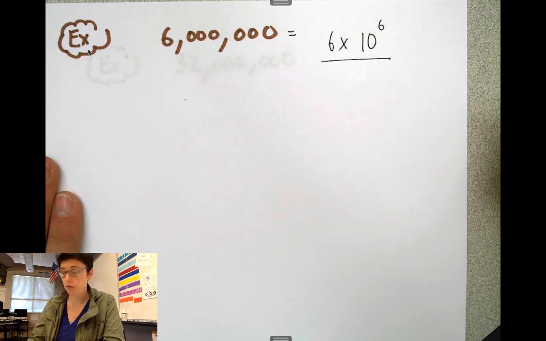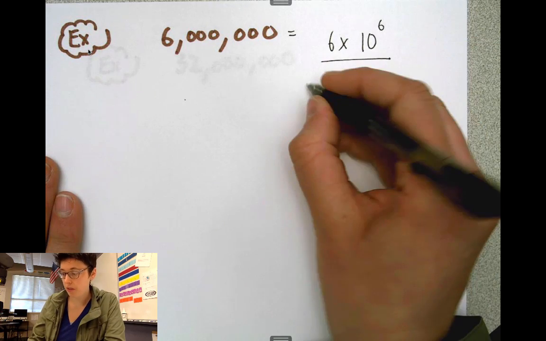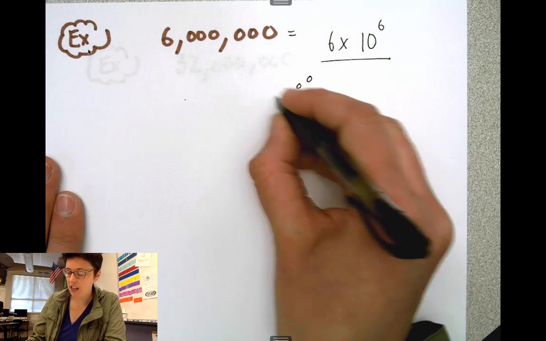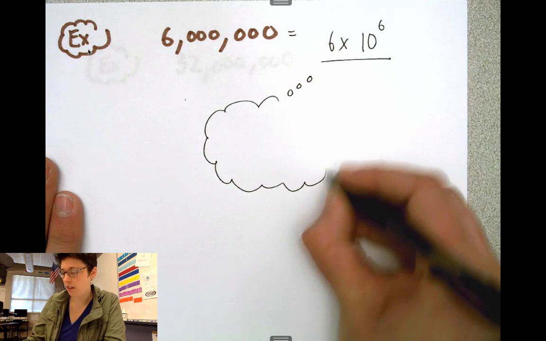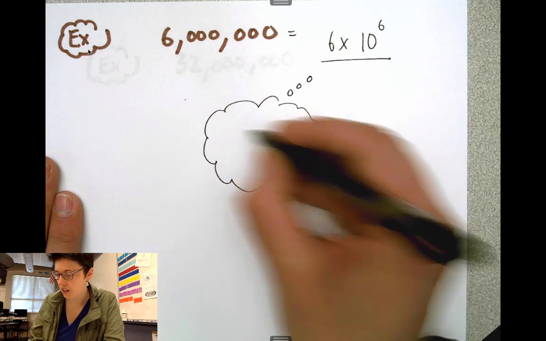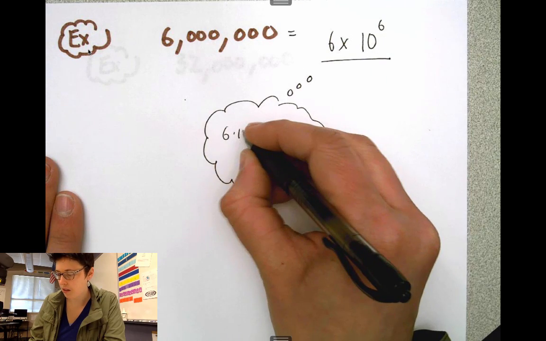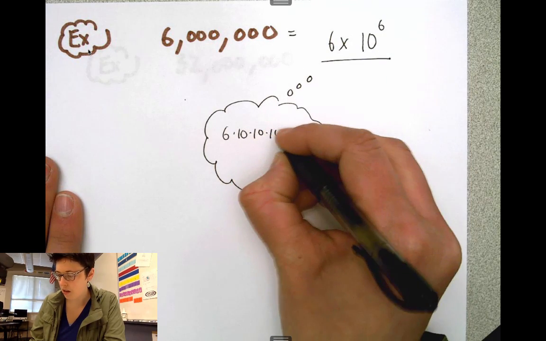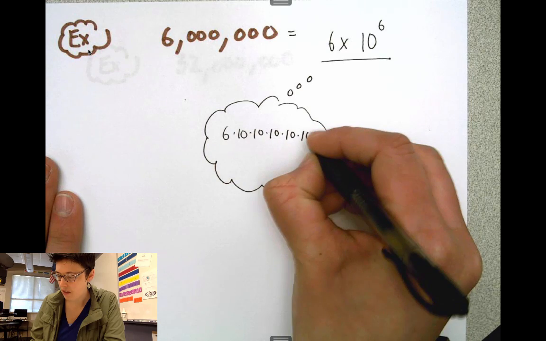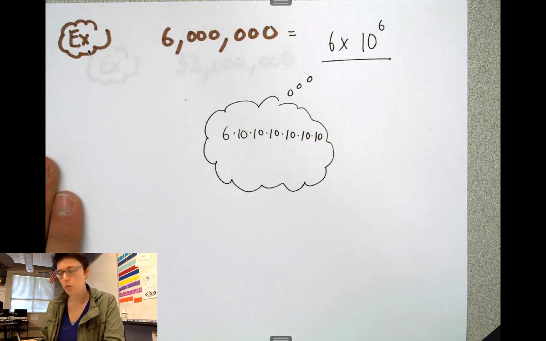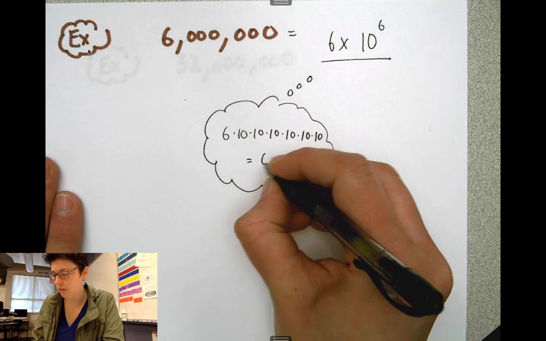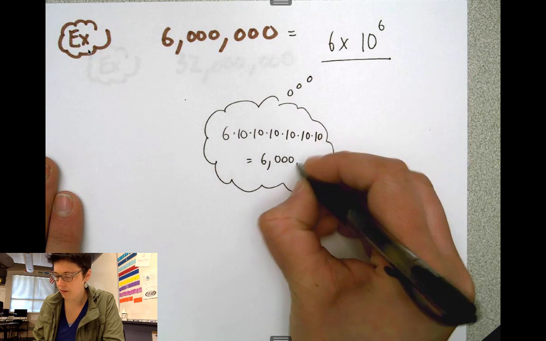And really what that truly means, I want you to put a little thought cloud here, is that if you were to jump on your calculator or do it by hand, if you were to take 6 and times it by 10, 6 times 1, 2, 3, 4, 5, 6, it's going to equal this big, large number.